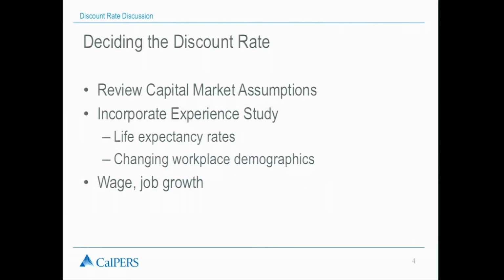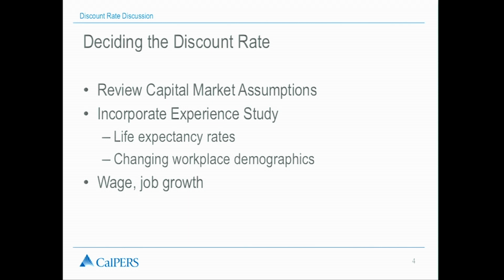So what do we do when we look at our discount rate? How do we decide that? We take a look at the capital market assumptions. We look at the short term and we look at the long term. We don't simply go out, look at the asset allocation, pick the long-term rate of return, and say that's our expected rate of return. We look at the short term, we look at the long term, we look at life expectancies. We take a look at our expected benefit outflows.